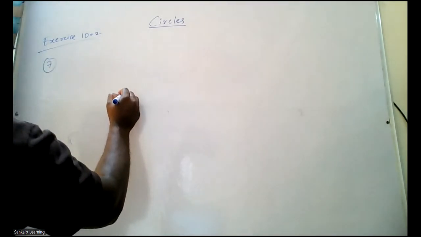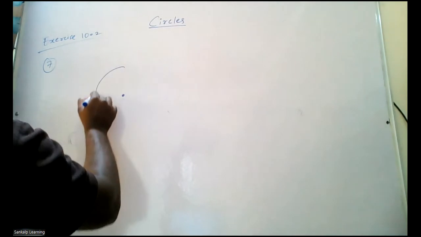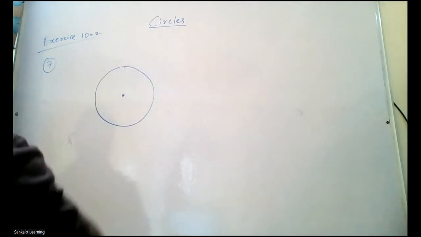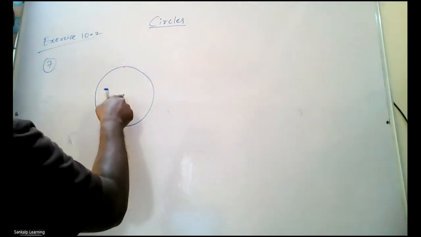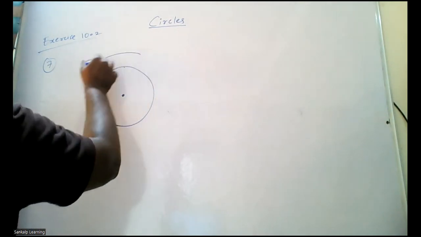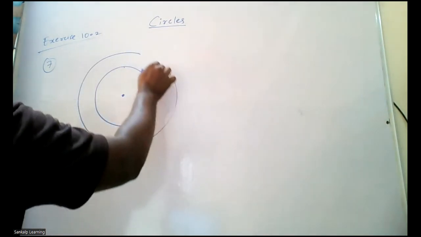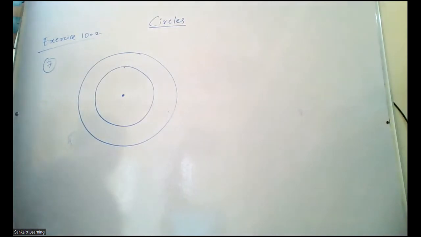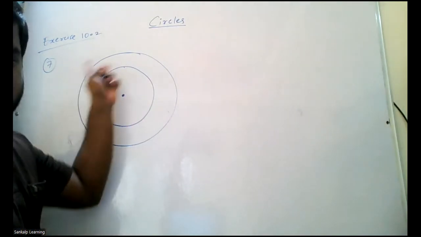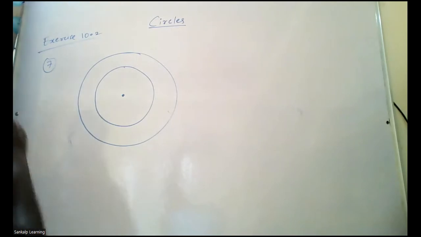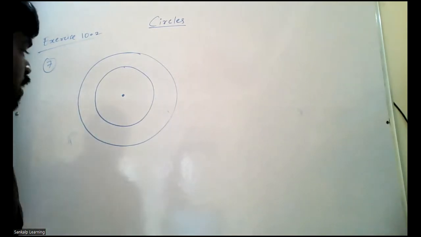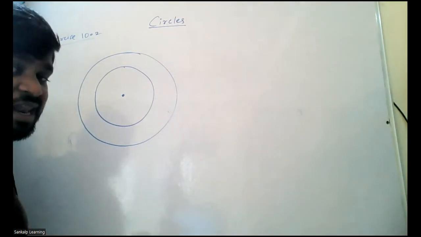Let's take this is the center. First we are going to draw a circle with 3 centimeter radius. Again, let's take this as the center itself and draw another circle like this. So the smaller one is 3 centimeter radius. The bigger one is 5 centimeter radius. Now, find the length of the chord of the larger circle.